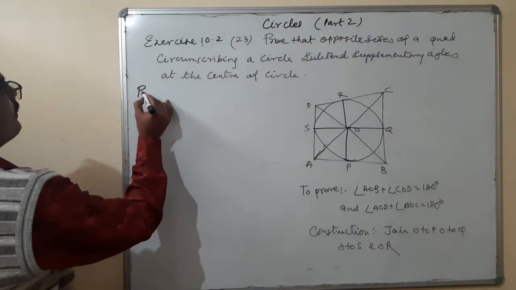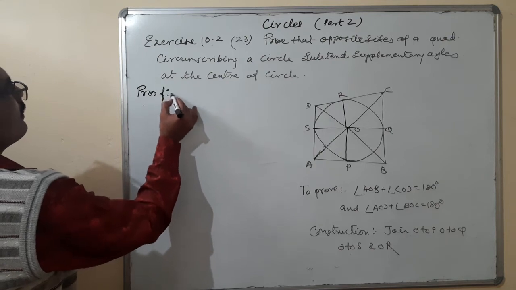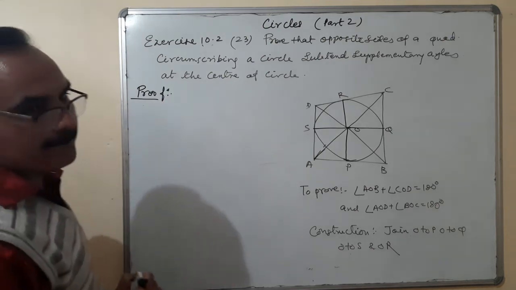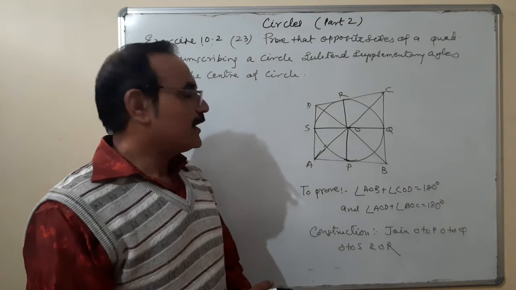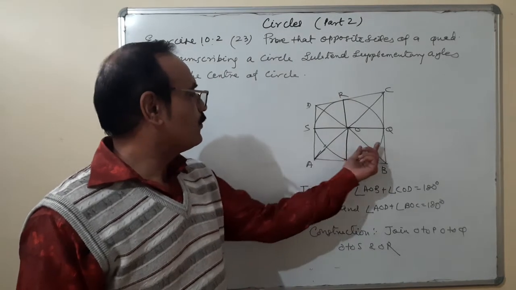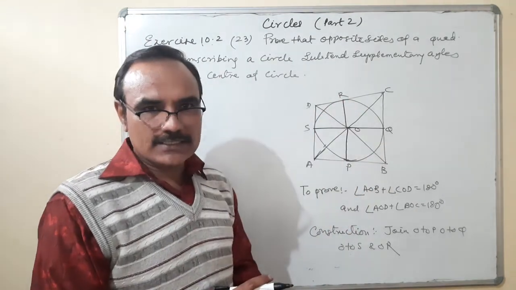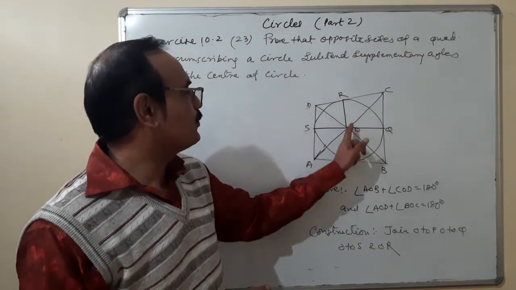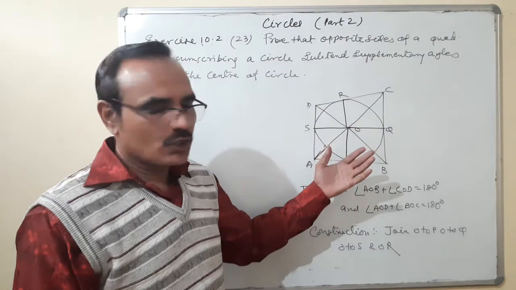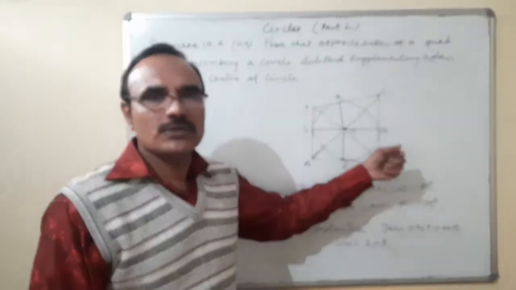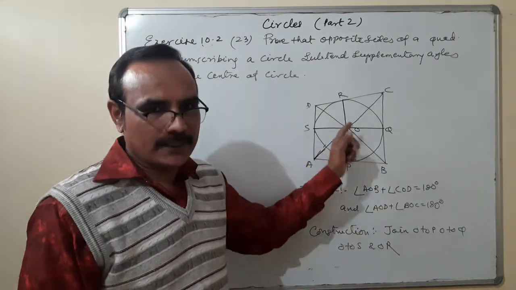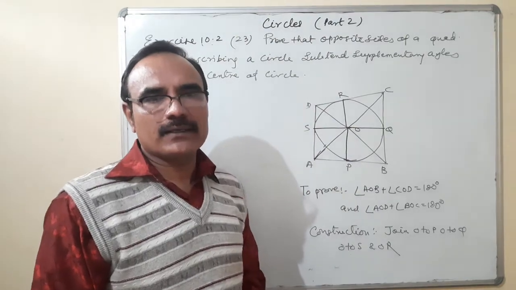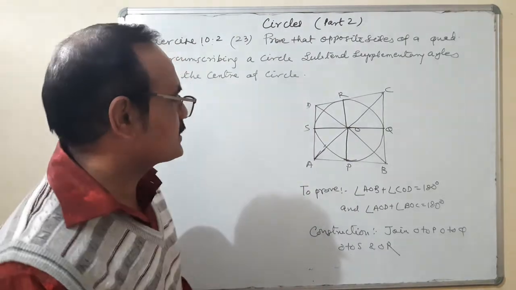Proof. How many triangles are there? 2, 4, 6, 8. Total 8 triangles are there. We are proving that angle AOB plus angle COD is equal to 180. Then automatically the sum of the remaining two angles is equal to 180 degrees, because it is a complete angle, and the sum of a complete angle is 360 degrees.